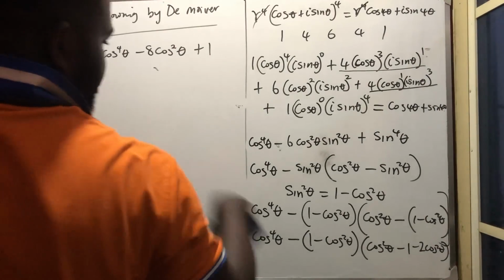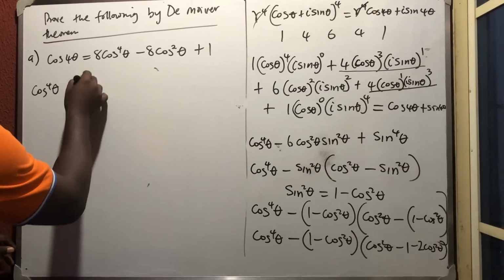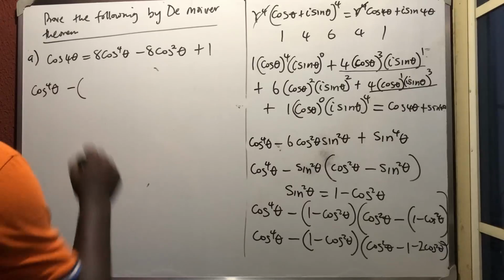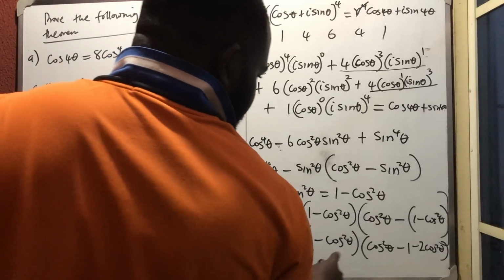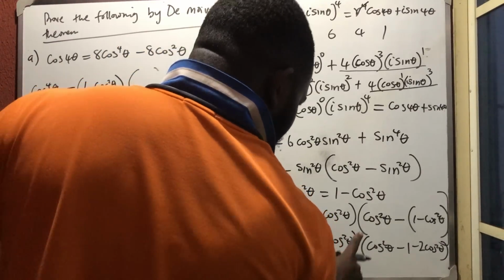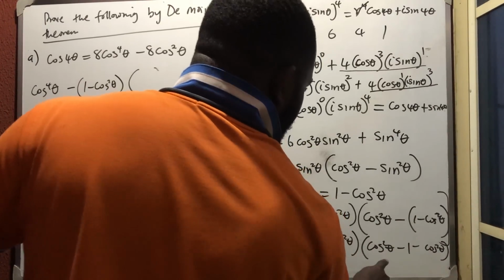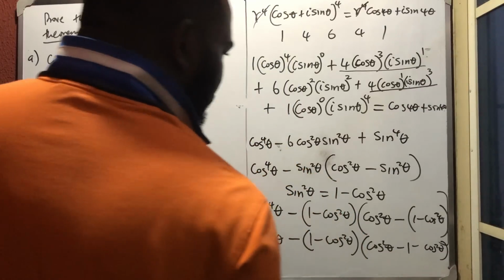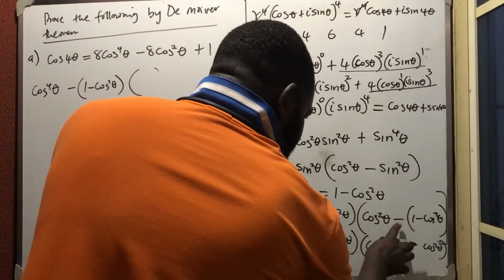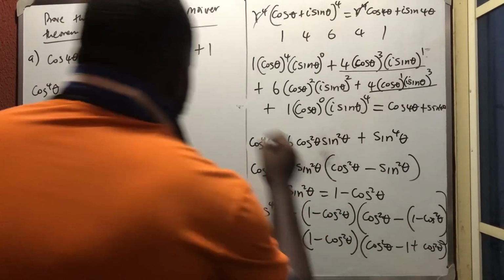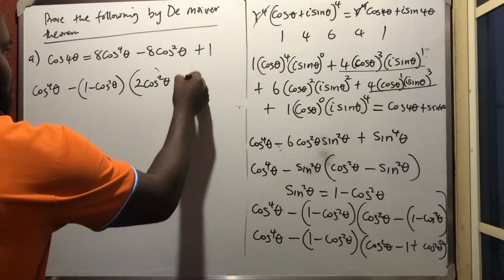So I'm going to have cos 4 theta minus in bracket of 1 minus cos square theta, then in bracket of, now how did I get to this time? This is not too solid. This time this is this time so this minus this is gone. Minus this time this is this, minus this time this is plus. This plus this will give me 2 cos square theta, okay, minus 1.